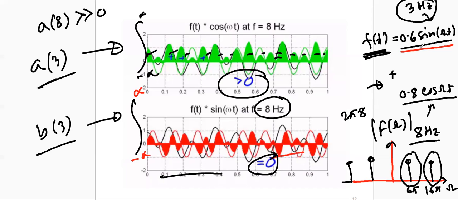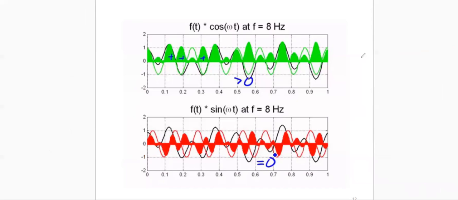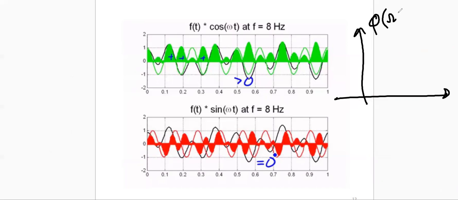As we have already shown, if your unknown signal is a cos signal starting with 0 phase, it actually shows the reference, the 0 phase in the phase diagram. So let's say this is the phase diagram, this is phase, and this is with respect to omega.